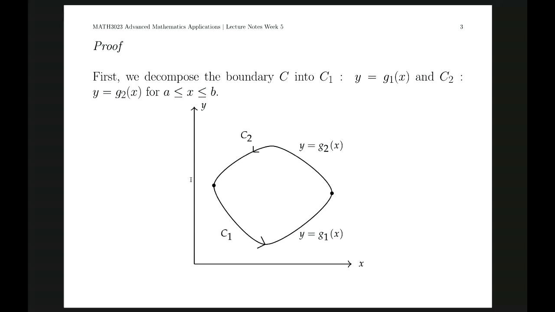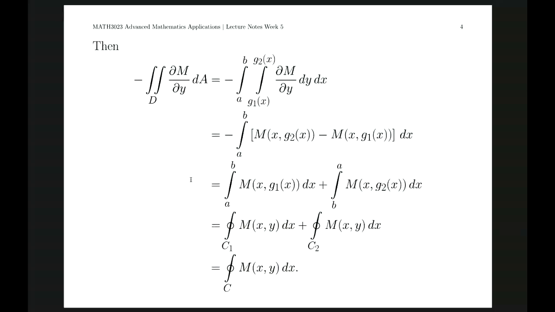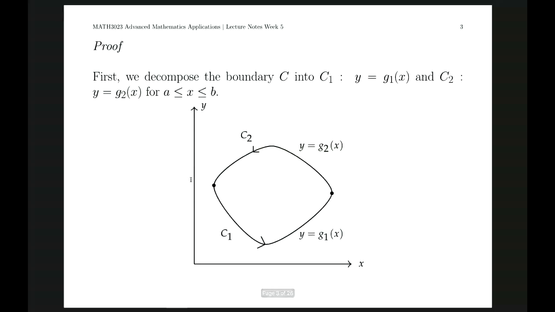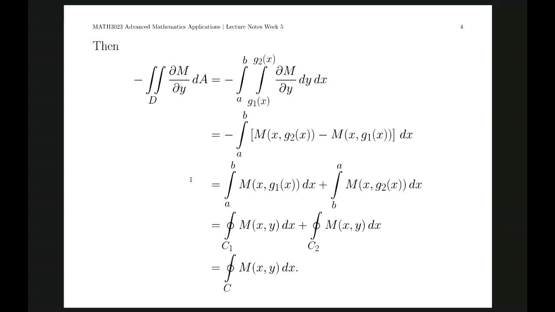I perform the double integral of this function, partial dM dy. Because of the way I've set this up, I integrate y going from here to here, and then x is a big sweep from here to here. Notice I've got this minus sign out here, for reasons that will become apparent in a minute.